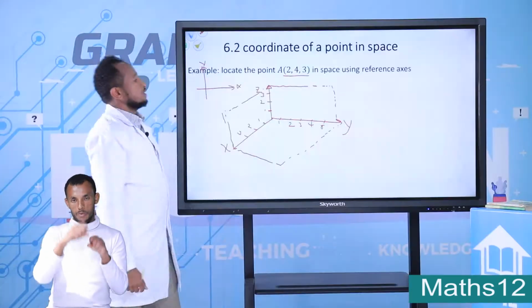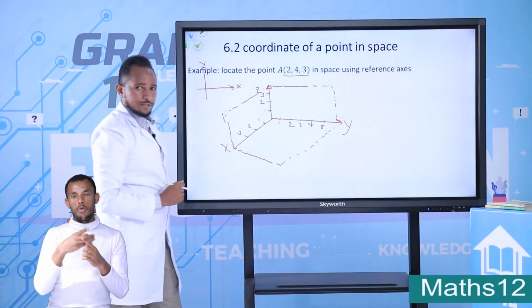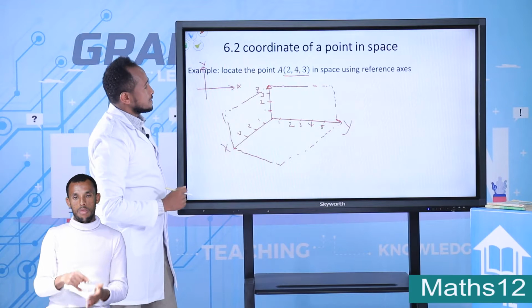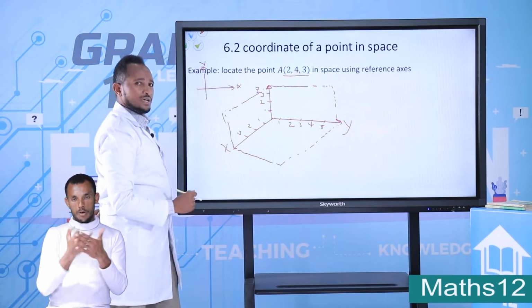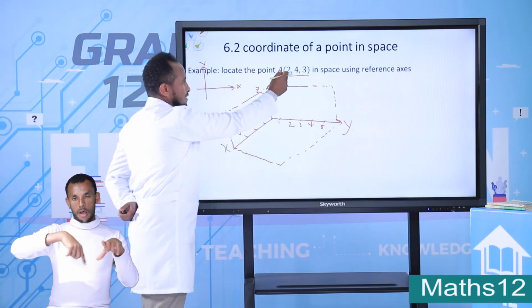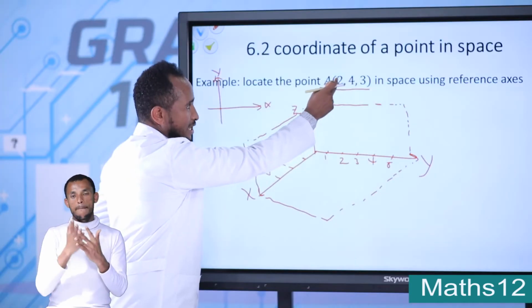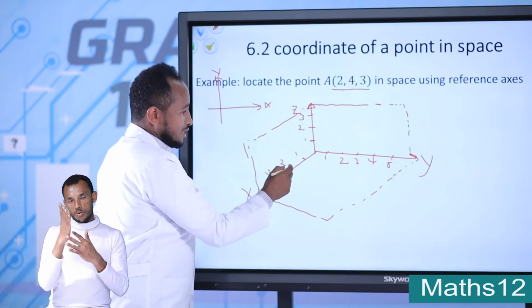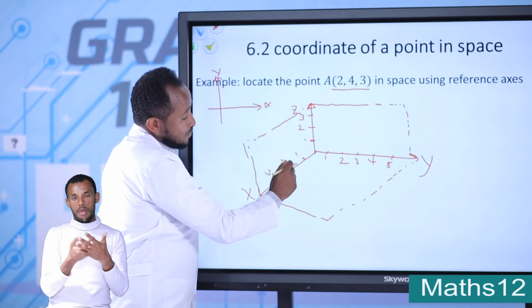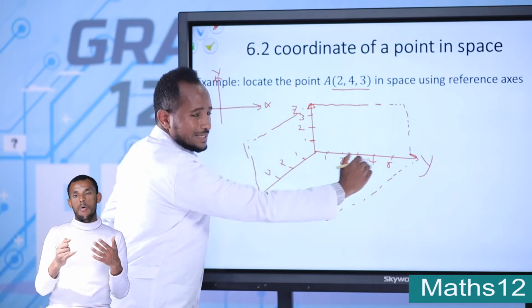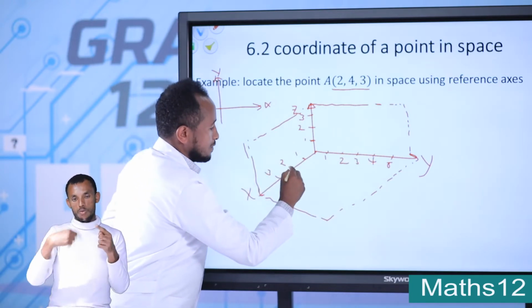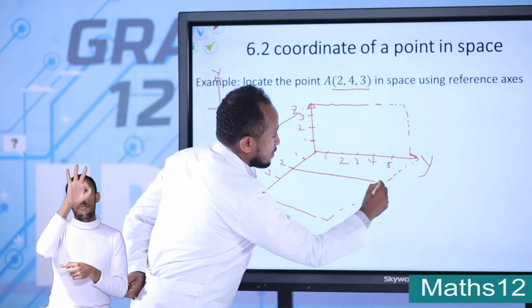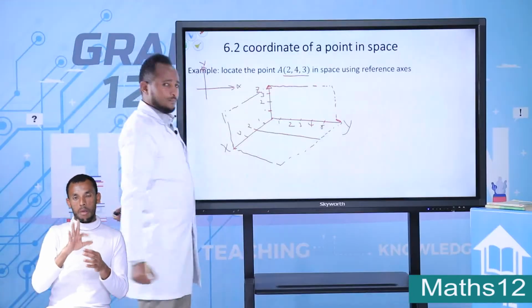So to locate this point, let's first draw a line. The x coordinate is 2, so the x coordinate is here. Draw a line parallel to the y-axis. It must be parallel to this one.